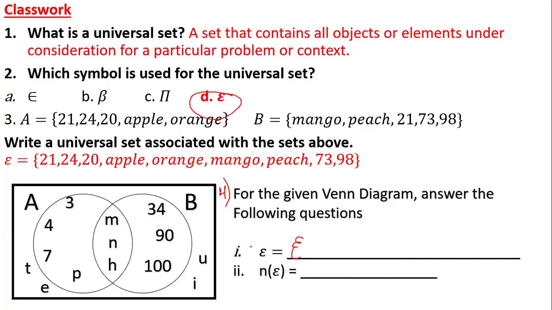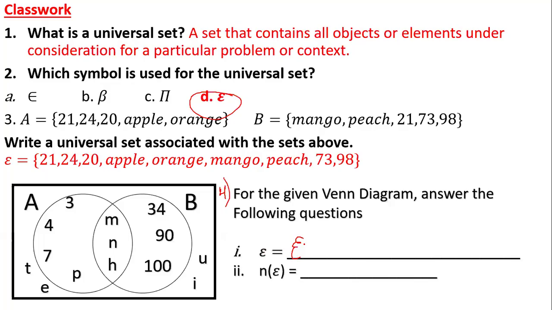I can't hear from Malik. So let's try Omara. Where's Omara? Omara, can you hear me? Yes, sir. Okay, I want you to answer number 1. I want the elements in the universal set. What are they going to be?